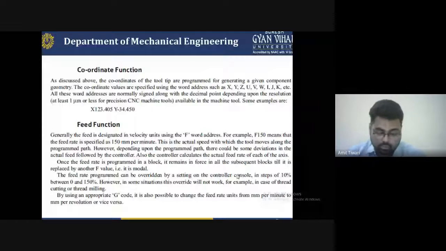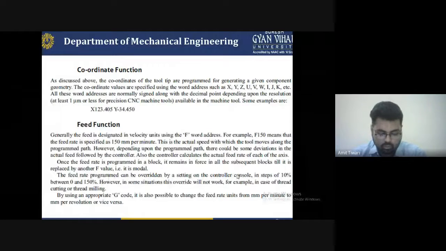Per revolution or vice versa. So these are some reasons why we have to understand how to write the program for the same, as it is applicable for the program for the laptop card and the speed for that. So these are some reasons why this type of technology is very useful.